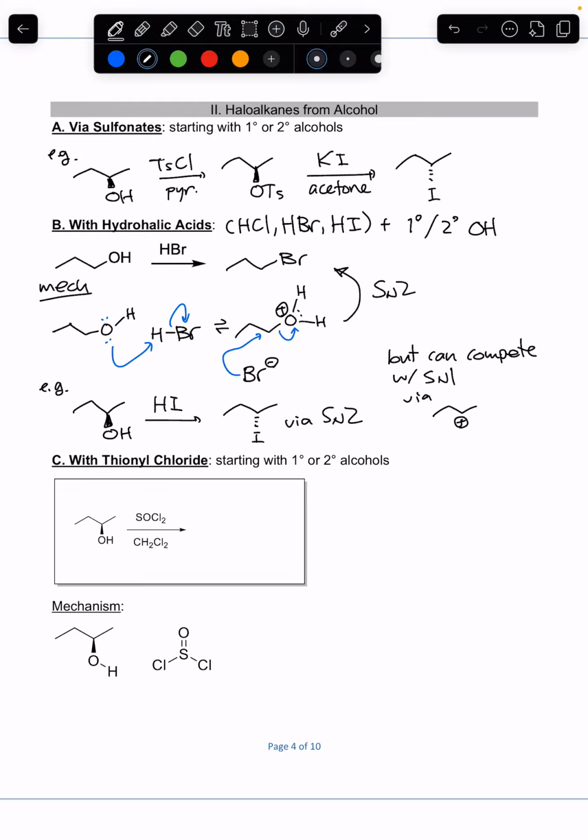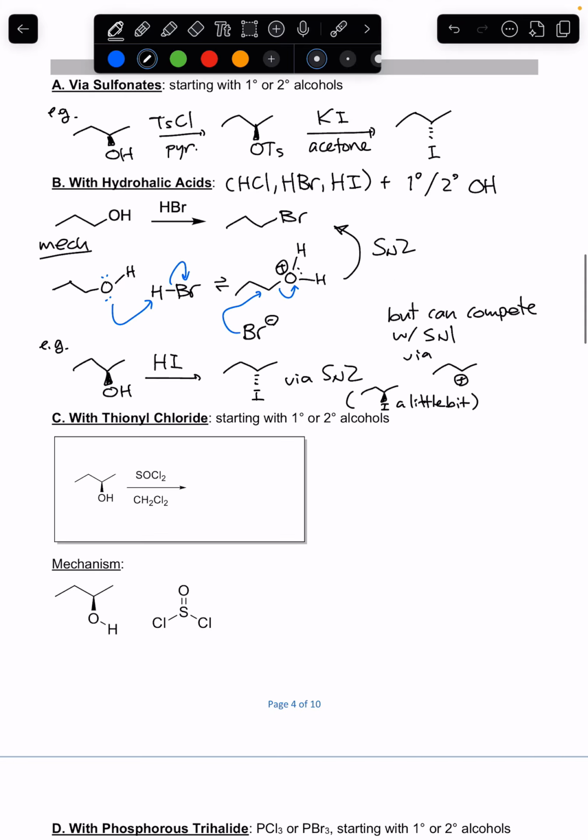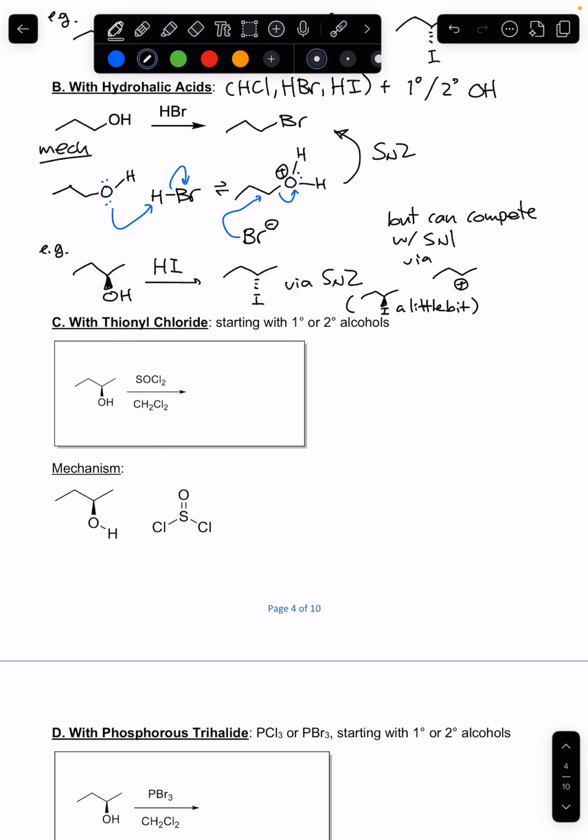So that means you get a little bit of the other enantiomer, just a little, because some of the molecules go through this carbocation, which of course can give racemic. Right, most of it is going to go through SN2, but there's a competition there that you have to be aware of.